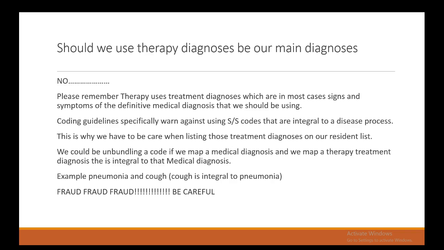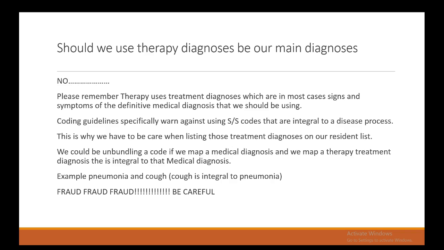If we map that medical diagnosis and we map a therapy treatment diagnosis that is integral to that medical diagnosis. An example, if we code pneumonia and then we code cough, and that cough is due to that pneumonia, well, y'all know pneumonia is a disease or an illness of the lungs. Well, your body's automatically designed to cough to try to get whatever is up out. So therefore, you should not be coding a cough that is integral to that pneumonia. This is fraud, you all. Be very careful.